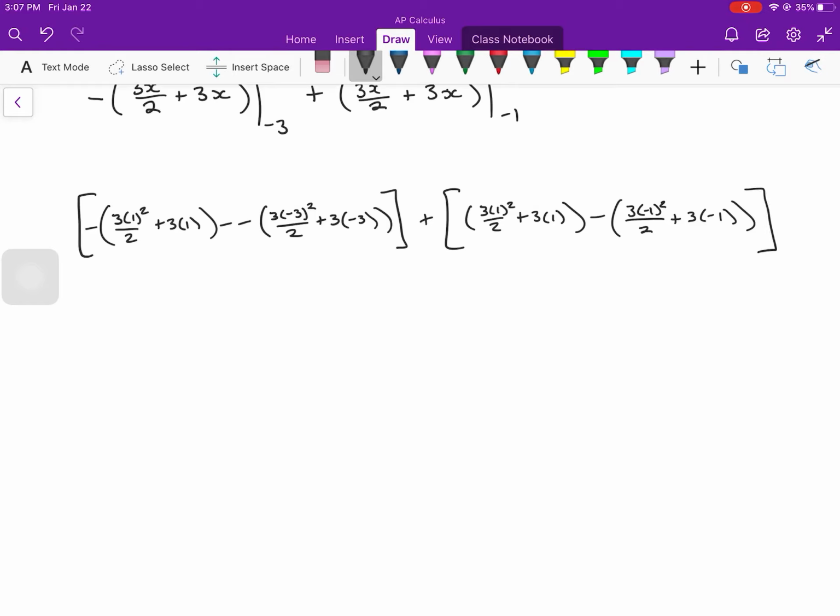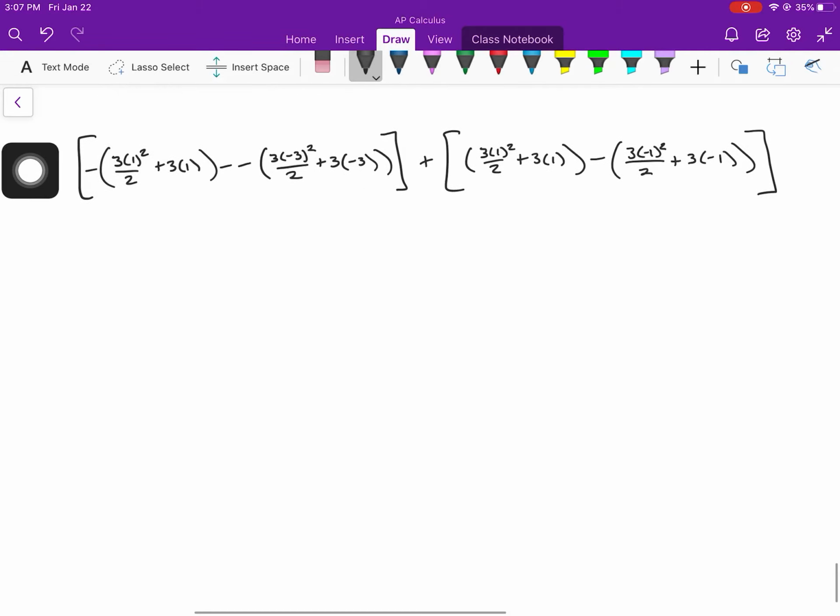Okay. So once again, let's just go over what happened with that negative over here. I put the negative in front of it each time, just to represent that whole thing. And remember, you're subtracting, so that's why there's that double negative. So we're just going to simplify. This is going to be 3 over 2 plus 3. Three is 6 over 2, right? Let's get that common denominator now.